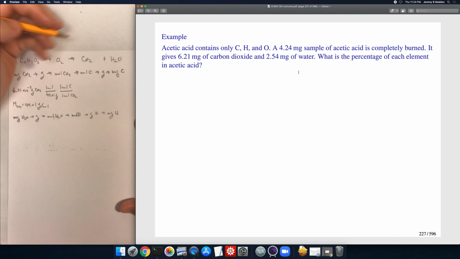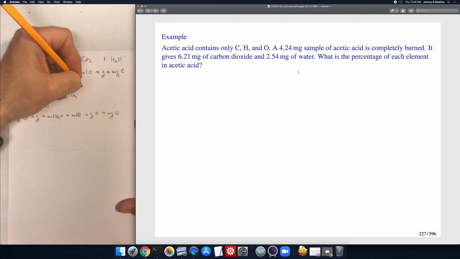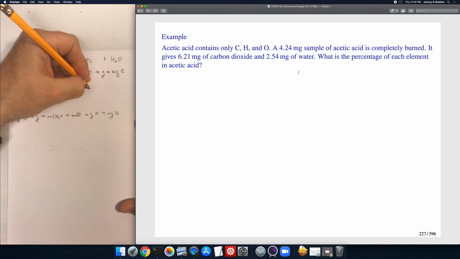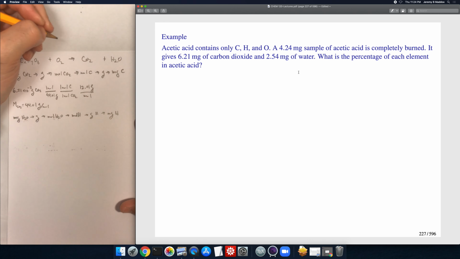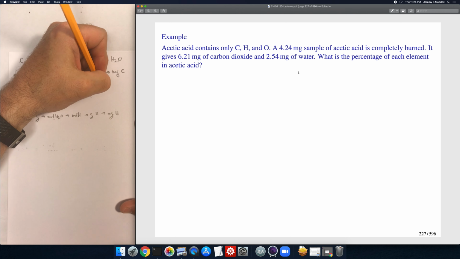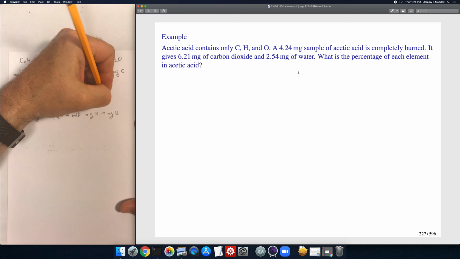And then to get the grams of carbon, we multiply by the atomic mass of carbon, 12.01 grams per mole. And then we can convert that to milligrams. So 10 to the 3 milligrams per gram.